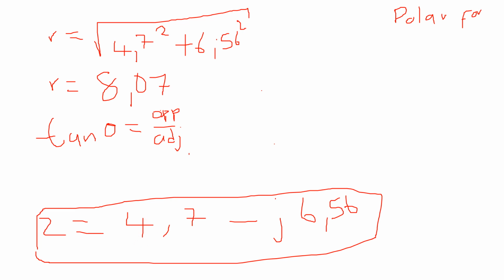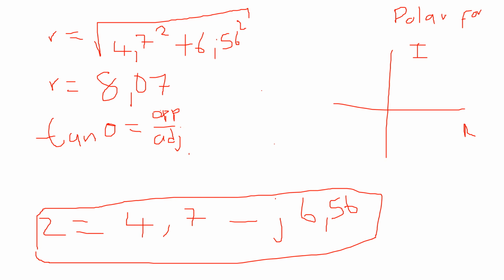On the Cartesian plane of complex numbers, we have the real part as x and the imaginary part as y. So the opposite on the tangent will always be the coefficient of the imaginary part, and the adjacent will always be the real part.